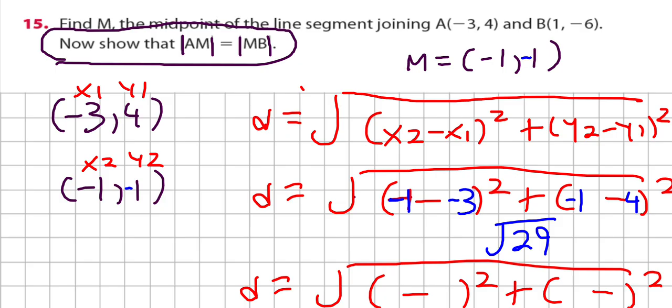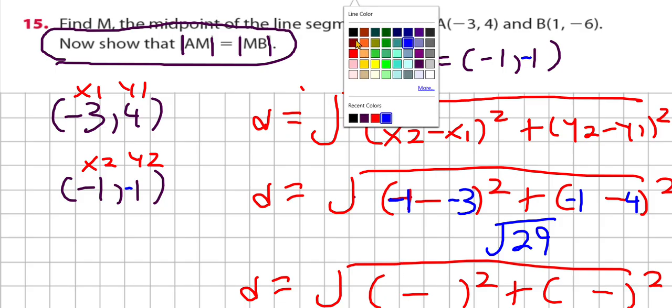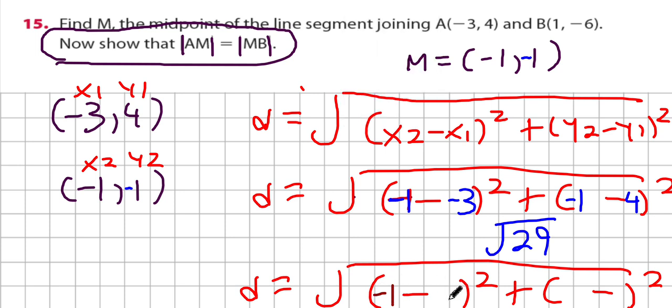Are you ready? So what's part 2? We have to do M to B. So what do we reckon? Anybody? What goes here? -1. What goes here? Really? Oh, I haven't changed it. Yeah.